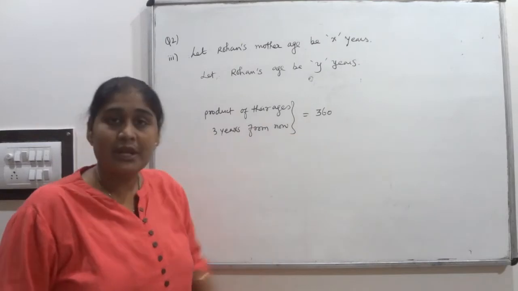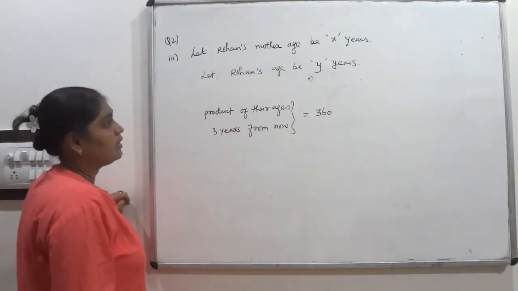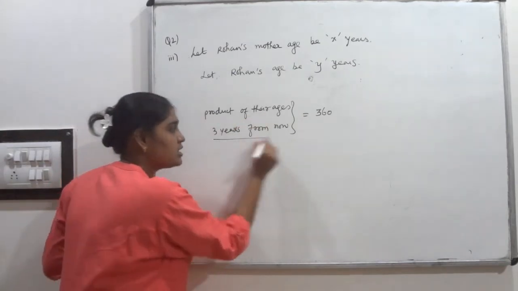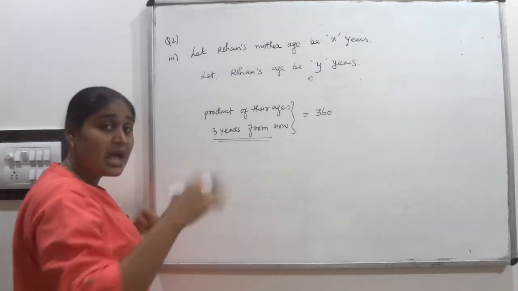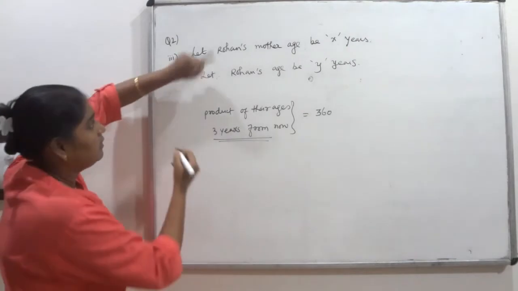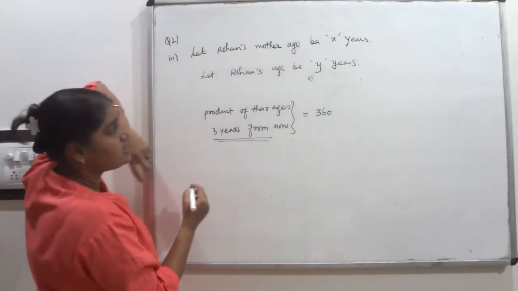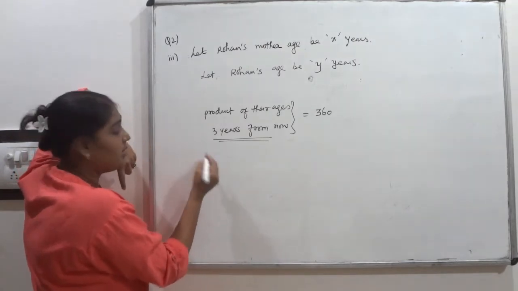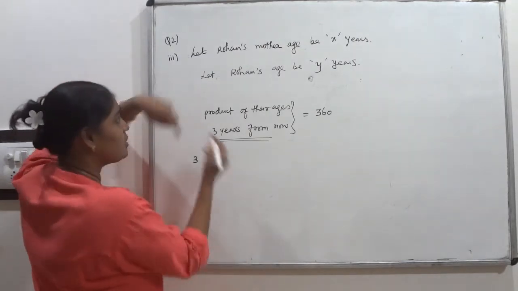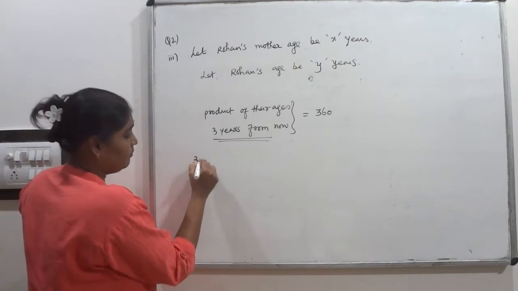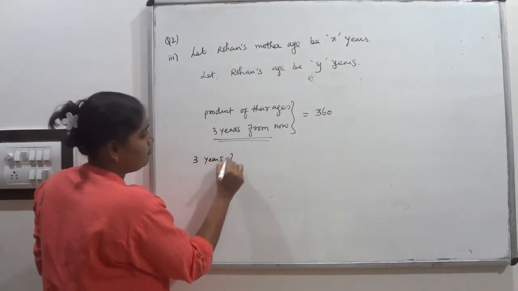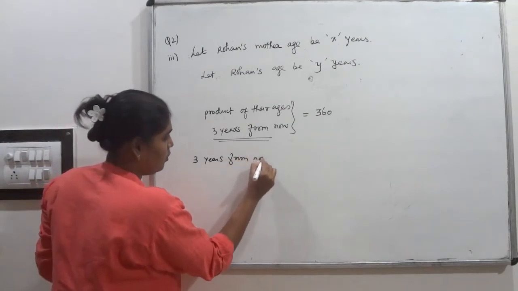That is 360. So here I am going to write the product of their ages 3 years from now. That means after 3 years. Rohan's mother's age is X years, I have taken. So after 3 years, what will be the age of Rohan's mother?